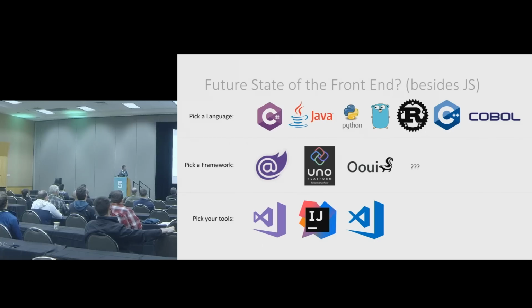And then you can pick your tools. Like maybe they're more integrated, like everything's in Visual Studio or IntelliJ or VS Code, and you're not stitching together all these different things. And I would argue the JavaScript community is kind of going this way anyway. Things like Create React App, Angular CLI, Vue CLI, they're kind of realizing that maybe we should package some of these tools together so people don't have to set up all that stuff every single time.